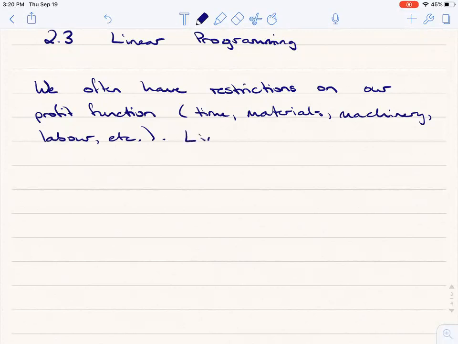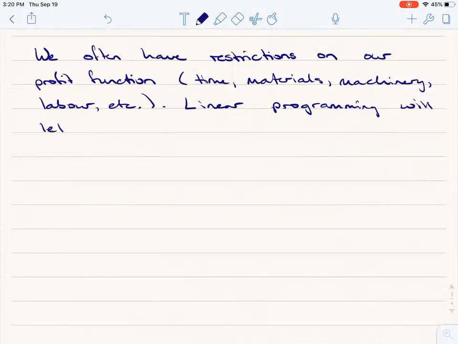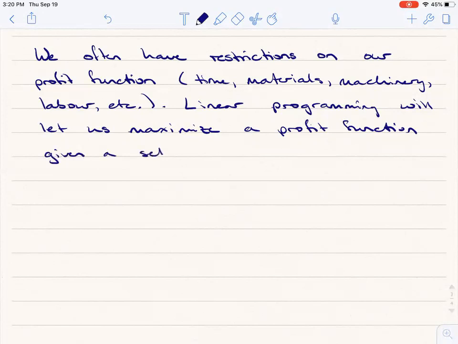Linear programming will let us maximize a profit function given a set of restrictions.